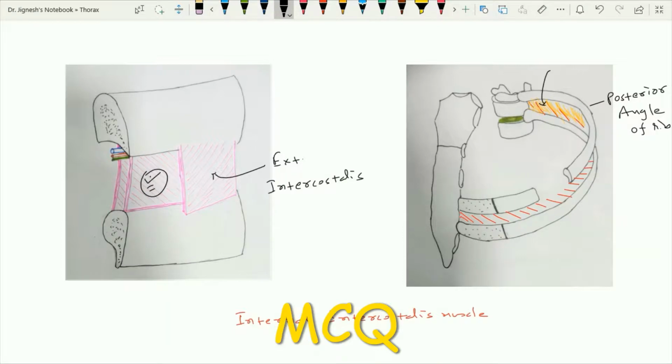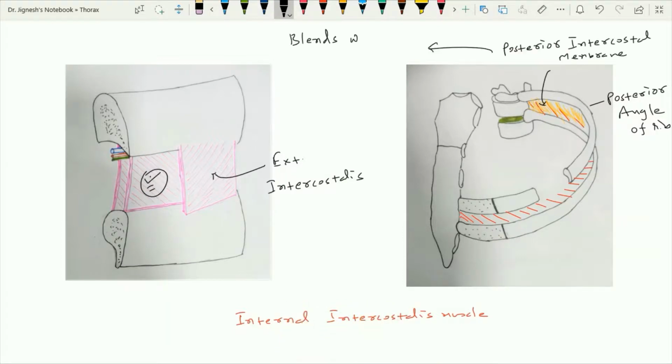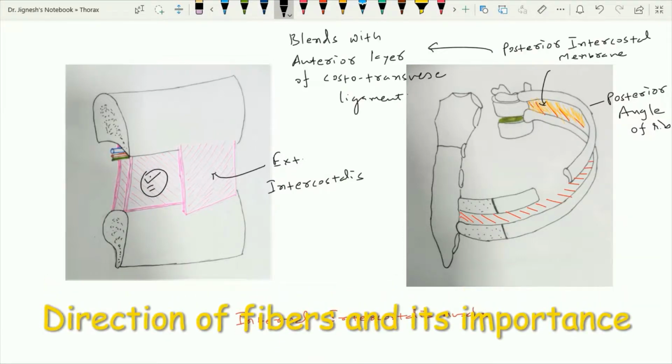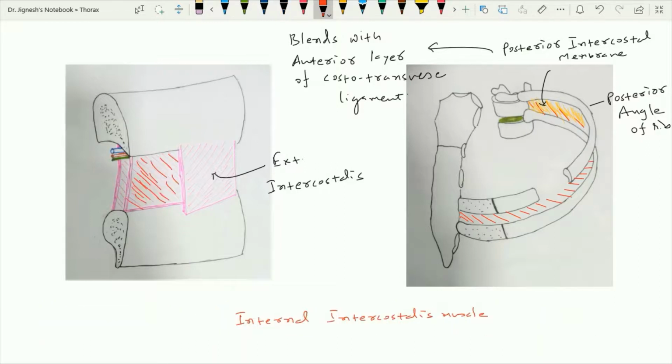The direction of the fibers of this internal intercostalis muscle is at right angles to the direction of the fibers of the external intercostalis. And this right angle direction of the fibers of the intercostalis internus with the external intercostalis prevents the blowing out or sucking in of the intercostal spaces during respiration.